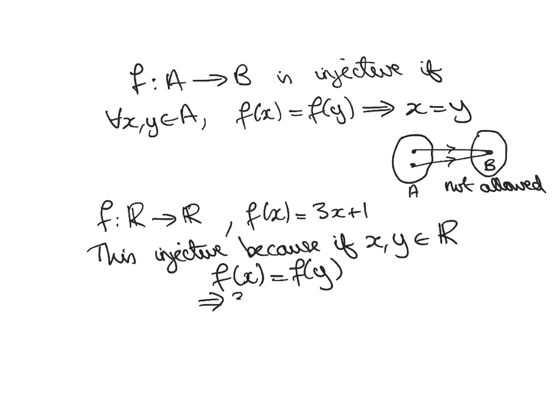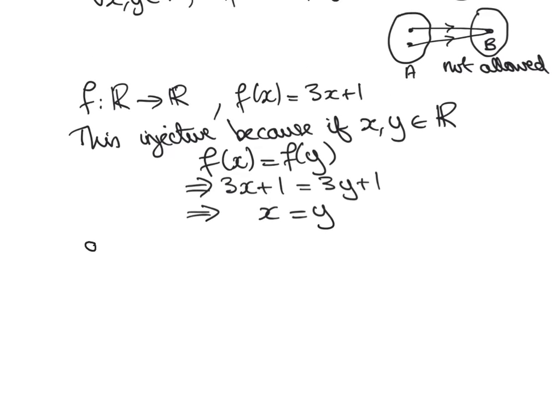Well, that of course means by definition that 3x plus 1 is equal to 3y plus 1. And taking 1 away from both sides, dividing by 3, that gives us x equals y. So the only solution here is x equals y. So by definition, this is an injective function.